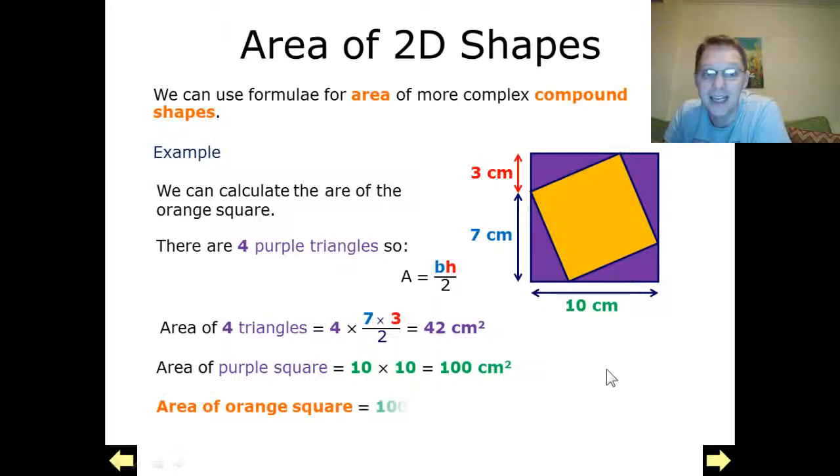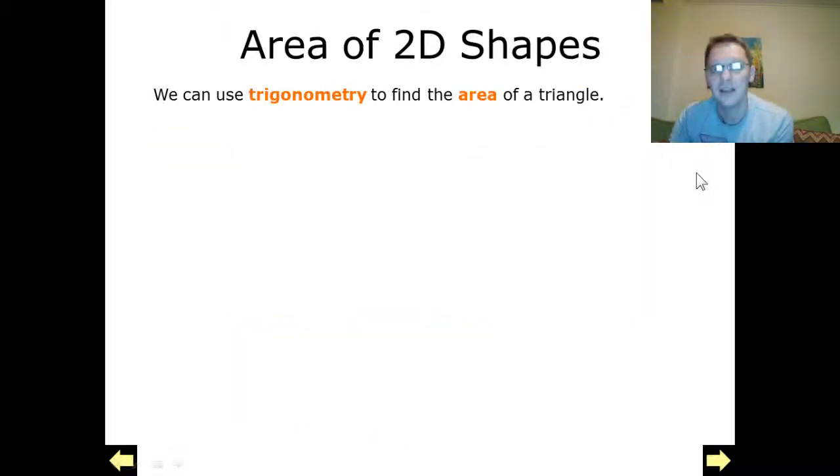Now, if I simply take the triangles away from the overall square, so 100 take away 42, that leaves me with 58 centimetres squared, and that is the area of the orange square on the inside. So we've just turned a complicated question into a relatively easy question using knowledge that we already know.